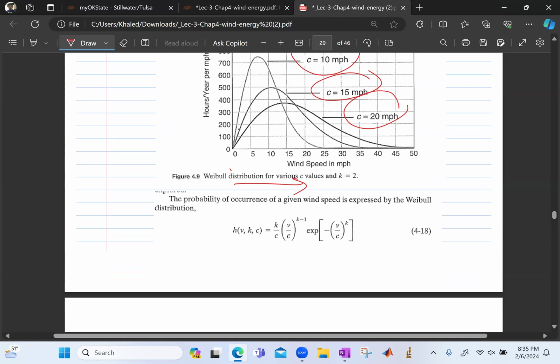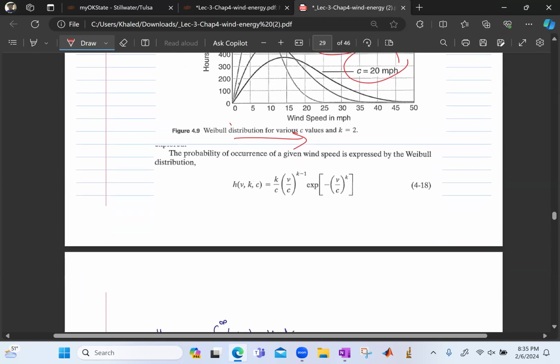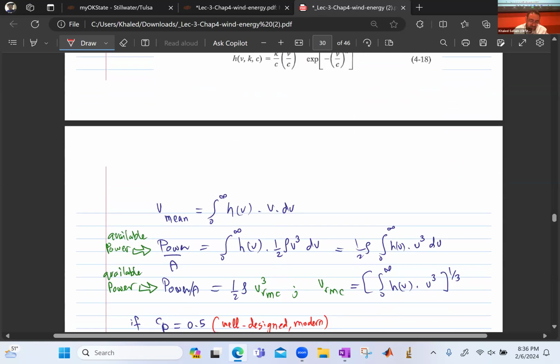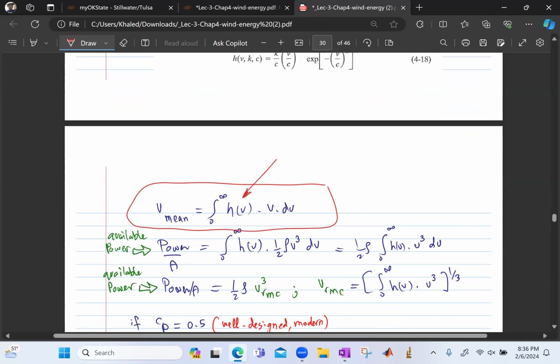So once you have a distribution, how do you get the average? You do this. And this is for any distribution. If it's Gaussian, if it's Weibull, if it's Rayleigh, and once you go to grad school, there are so many distributions for other stuff: Rosin-Rammler, Maxwell-Boltzmann distribution.